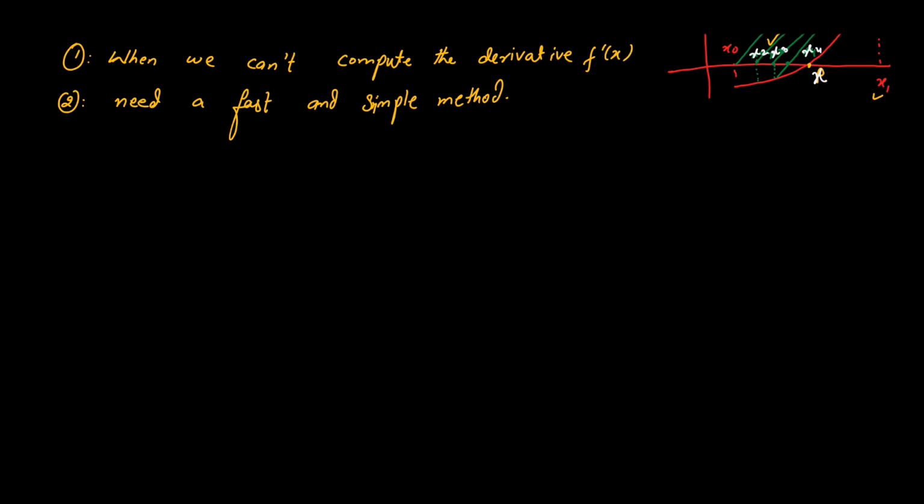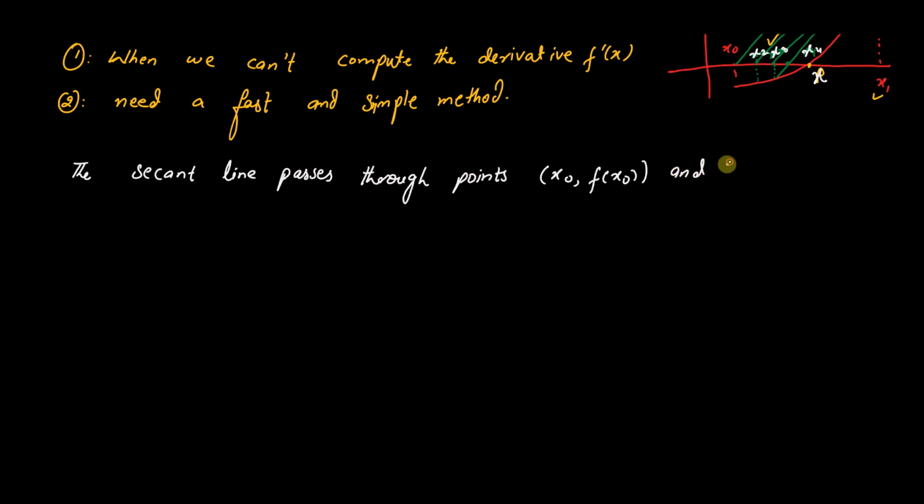A secant line passes through two points: x naught, f of x naught, and the second point, x1, f of x1.